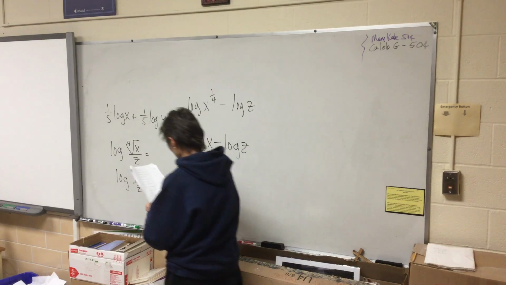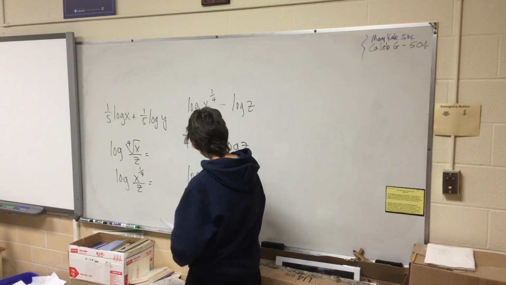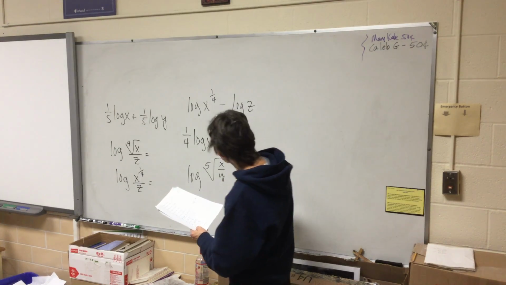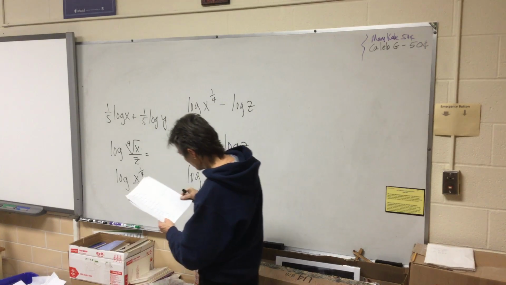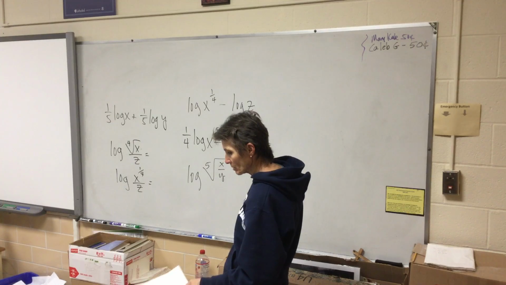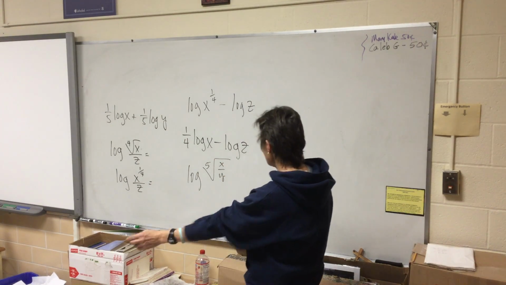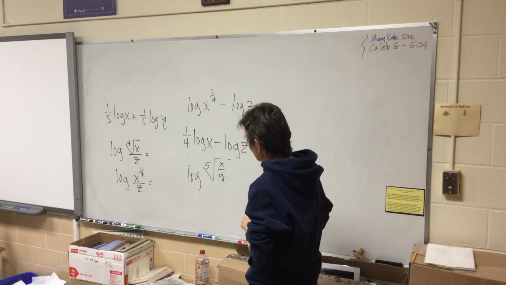All right, one more that looks like this. Now notice this time, problem E, only the x was under the radical. But in problem F, the x and the y are both under the radical. So tell me how that's going to be different. What's that going to look like in step 1?